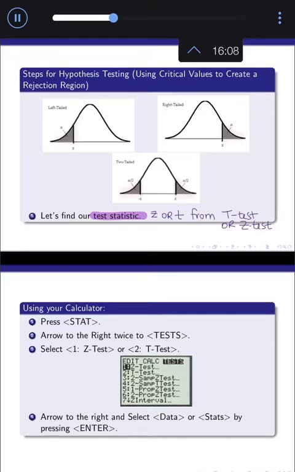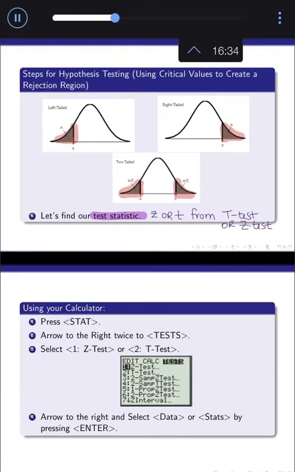Well, your rejection region is going to be made using your alpha. This time you're going to actually use your alpha to make up a rejection region. So the alpha will make up the area in your tail, or tails if there's two of them. And then you can work backwards to actually find the z value or values that make up your tail.